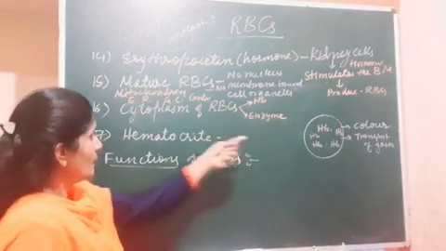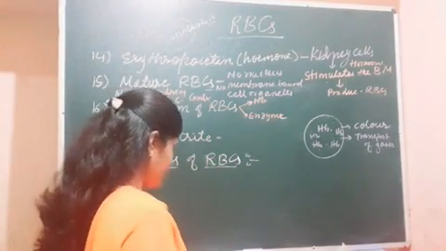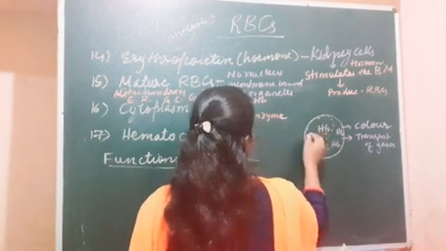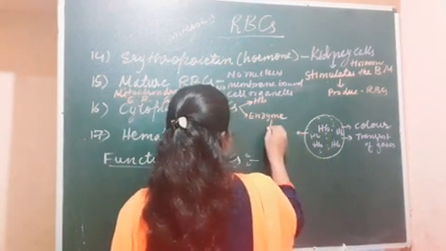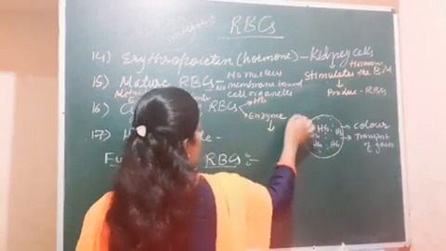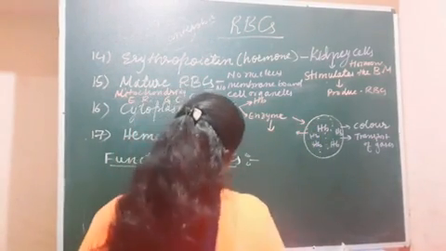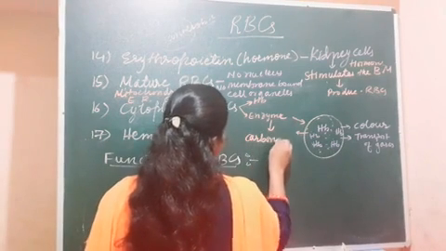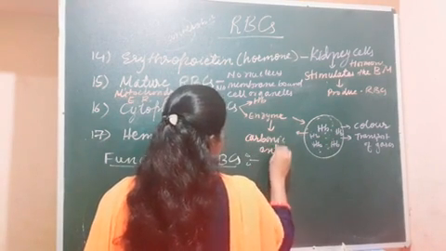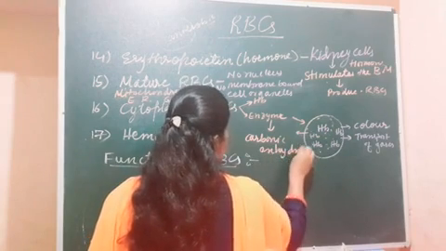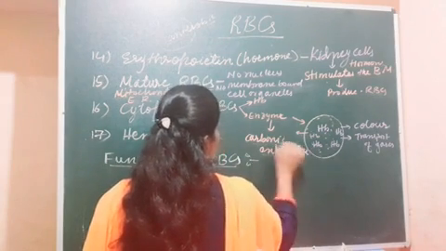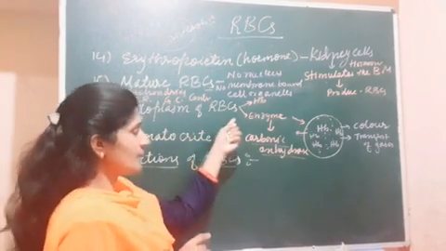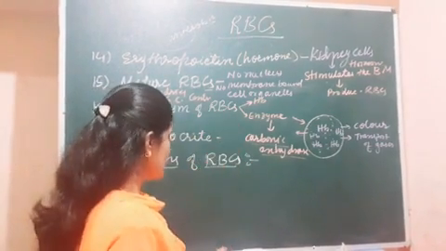Next one, it also has the enzymes. Which enzyme is present here? The enzyme carbonic anhydrase. Carbonic anhydrase is an enzyme which is present in the cytoplasm of the RBC. What does it do?